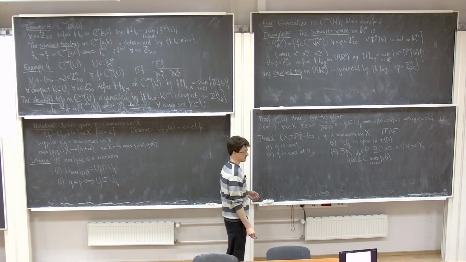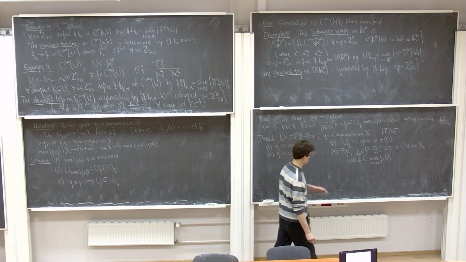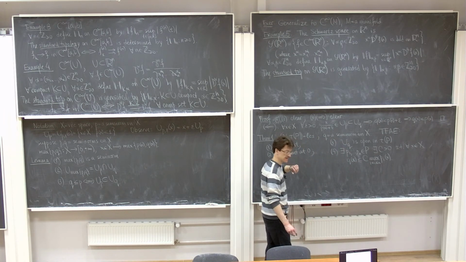So a seminorm is continuous if and only if it is dominated in this sense by finitely many seminorms in P.